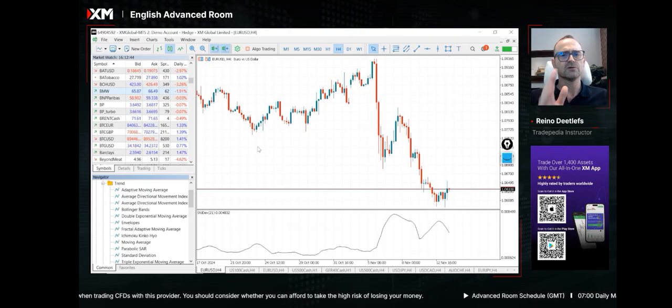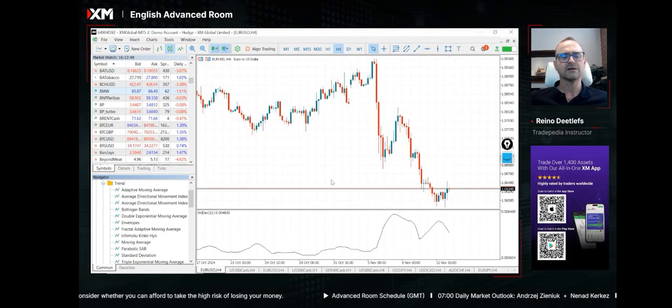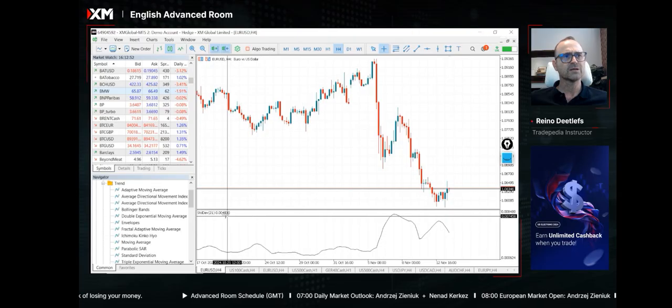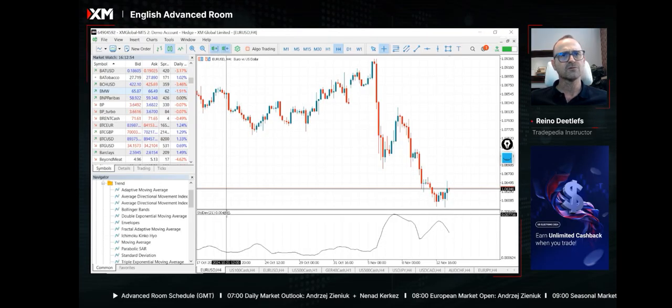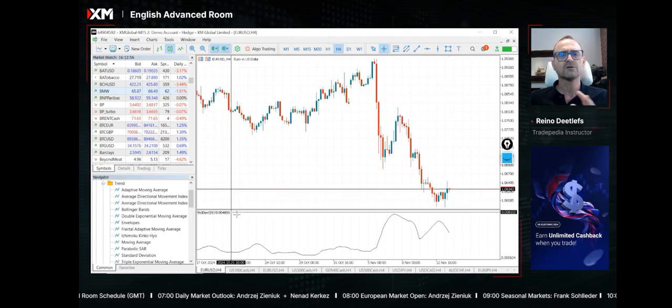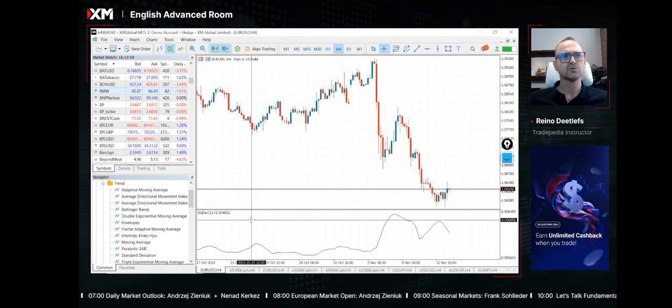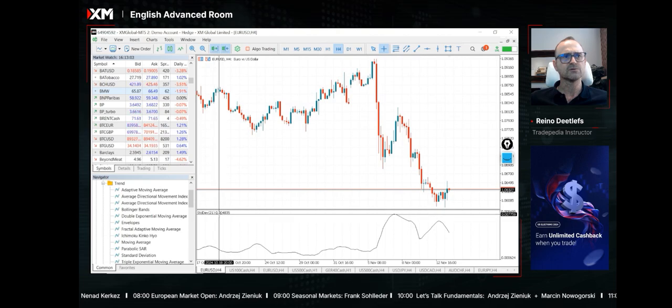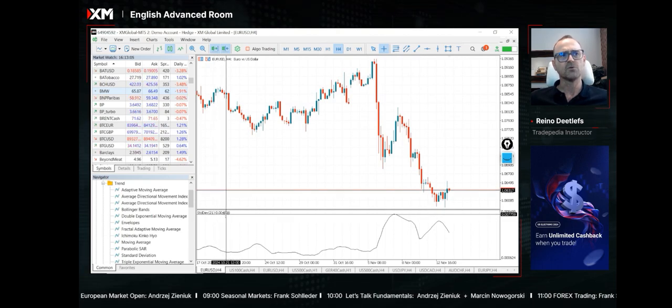Now, I've got the euro dollar here on the 4-hour chart. You can see that usually we can expect the euro on the 4-hour chart, for the last 21 periods, to have moved roughly about 48 pips. You can see 0.00848.